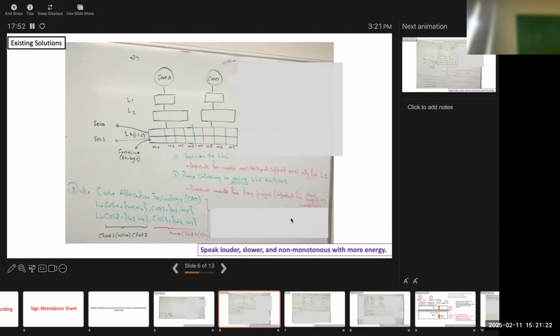The basic motivation behind CAT, the problem they wanted to address by providing support for CAT, was this. Some applications are more critical than others, or require higher throughput compared to others. So their demand for LLC cache capacity is higher.